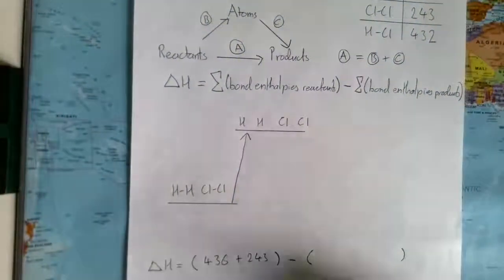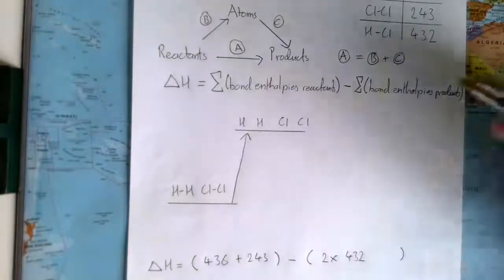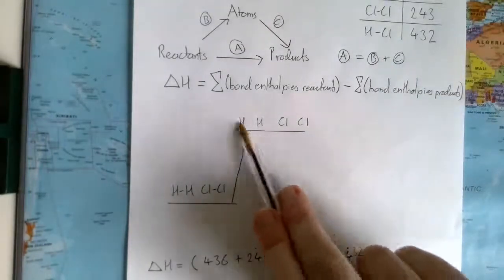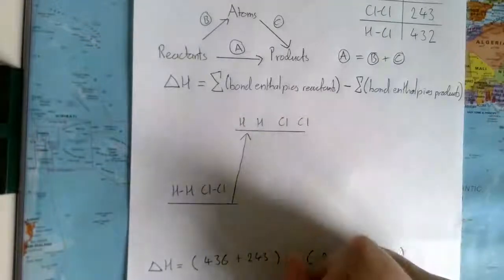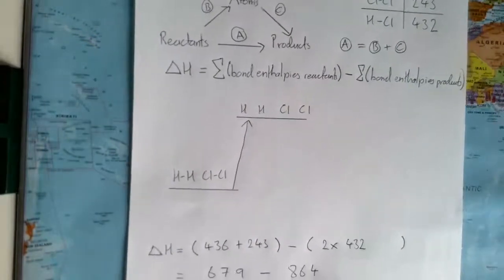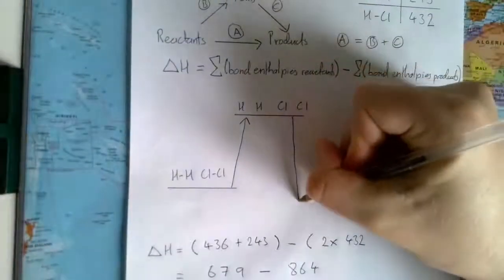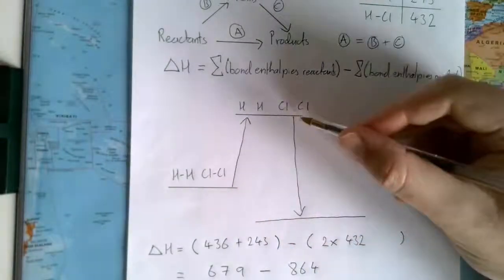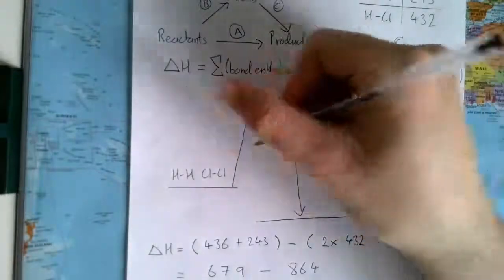Now, we are then going to put these atoms together again in a different arrangement to make, careful, 2 HCl's. So down here I've got 2 times 432. The HCl bond is 432, but we will make 2 of them, one here and one there. So if we multiply 432 by 2, that will be 864. So at this point I can see that the exothermic step is coming further down than the endothermic step went up.